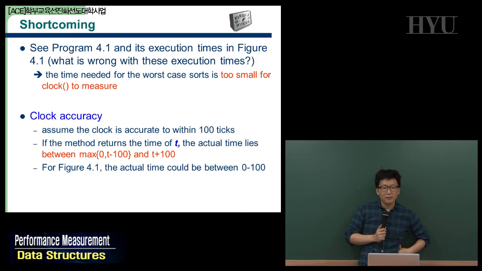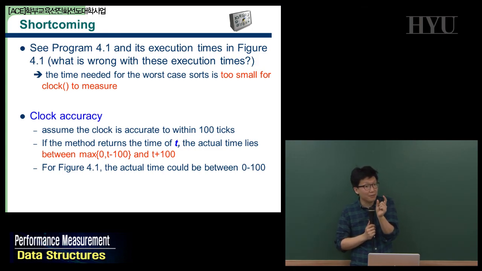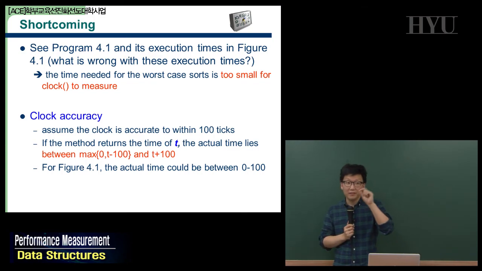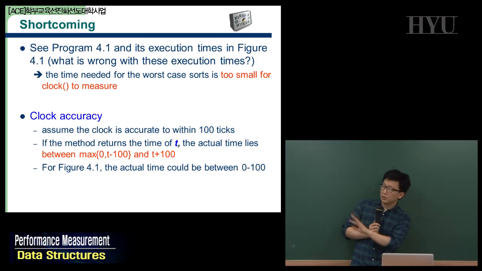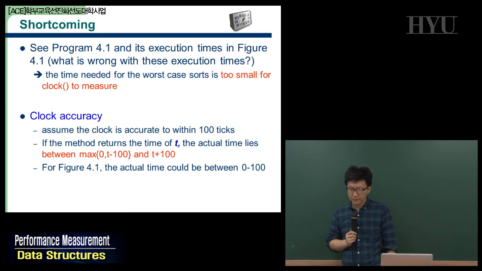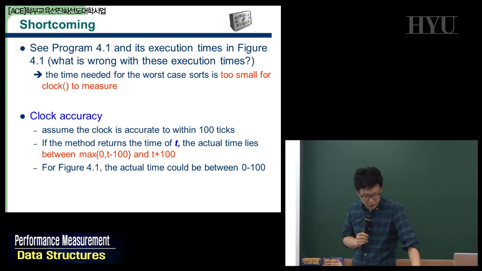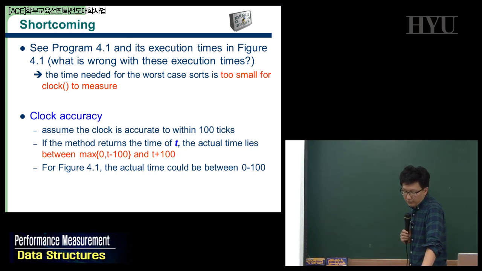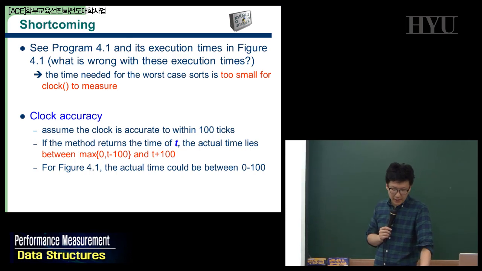So you cannot tell the difference of those data sets within those 10 microseconds, even though they have a difference maybe in nanoseconds. Everything will be in the unit of 10 microseconds. Those types of issues are also related to this. Clock accuracy assumes the clock is accurate within 100 ticks, cycles, if you want to say.